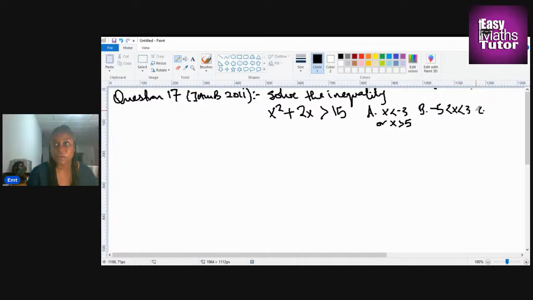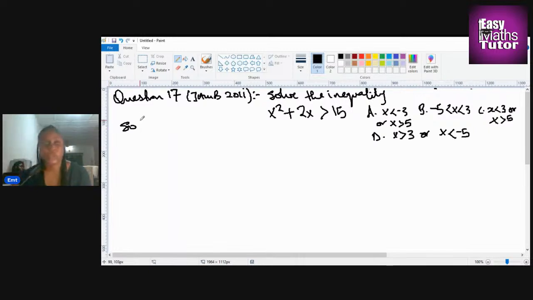Option C is x less than 3 or x is greater than 5. And our last option, D, is x greater than 3 or x less than -5.